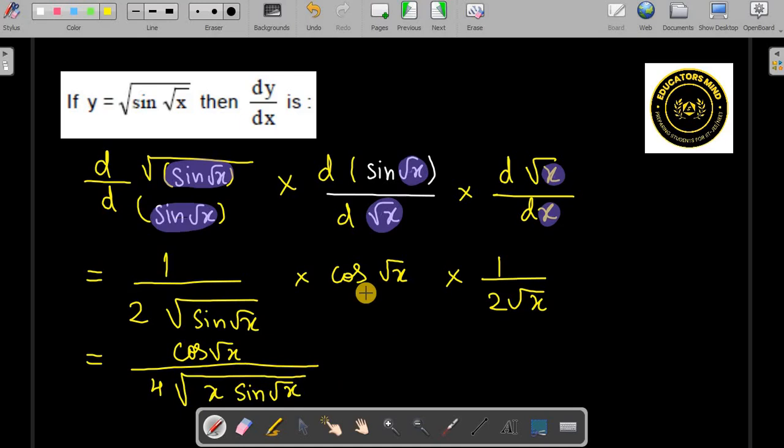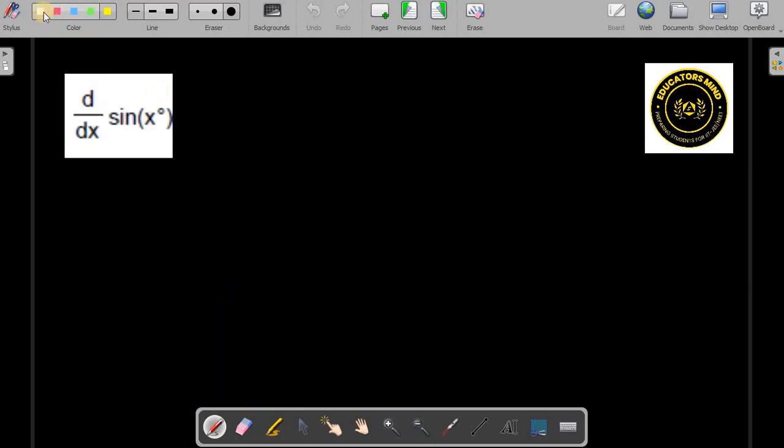Now let's move to the next. Sometimes the angles are given in degrees. Here you can see this x is in degrees, so we need to convert into radians before we differentiate. So you know that 180 degrees is equal to pi radians, right?